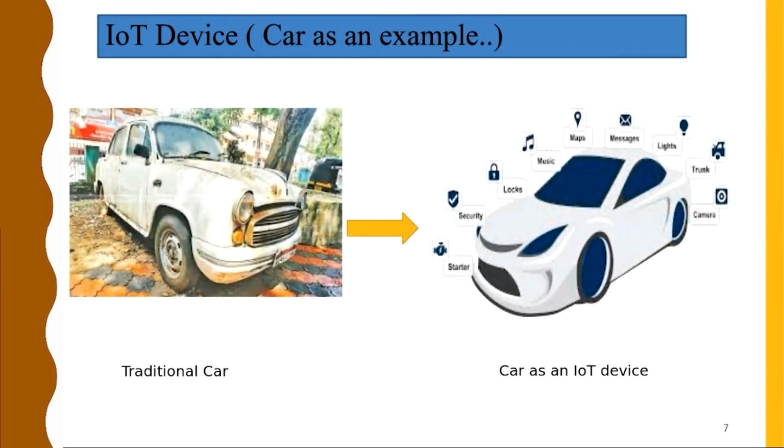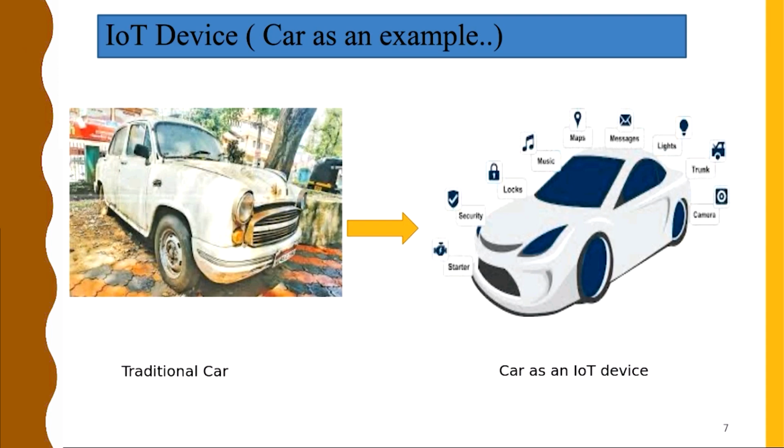Let's begin with another example, a car, where a traditional car is transformed into an IoT device. We know we have different sensors present. One sensor indicates that you are low in fuel, so some kind of display will be there. One indicates that you are not wearing the belt.